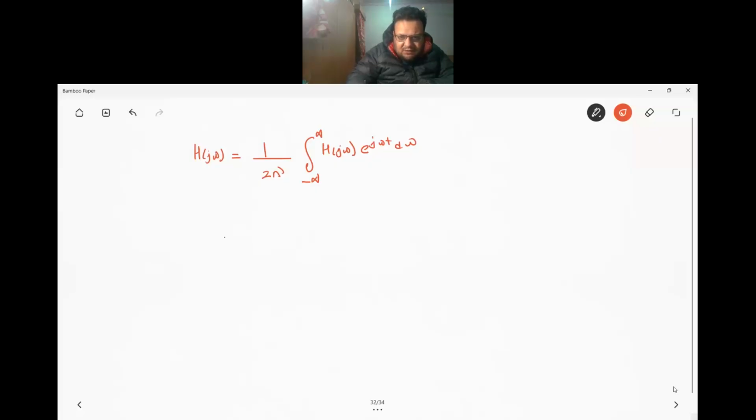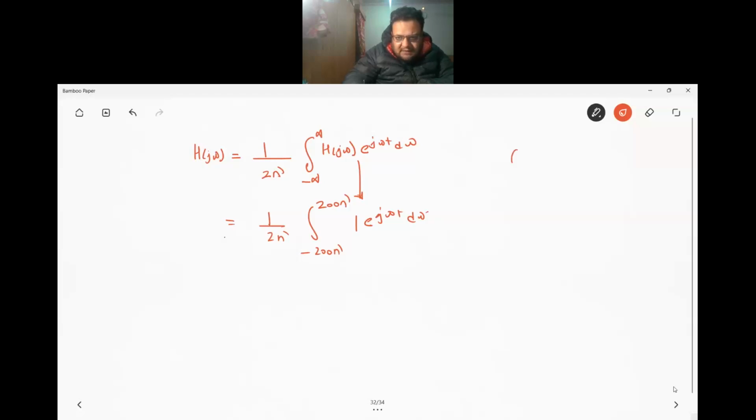Now in the very same equation, you know the limits, so you just apply the limits. 1 by 2π, minus 200π to 200π, where H(jω) value is 1, e^(jωt) dω. So this limit applies here.